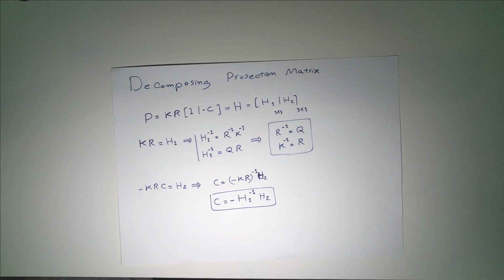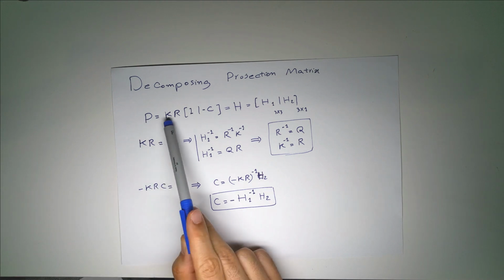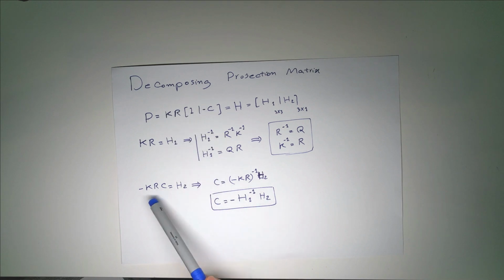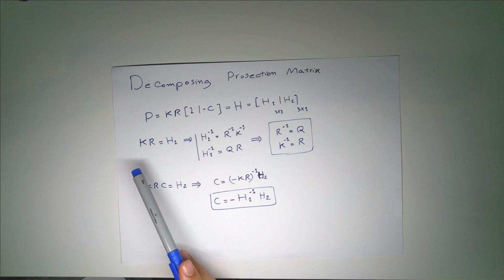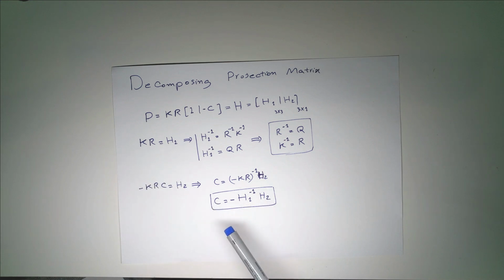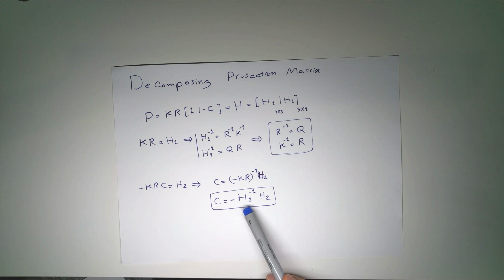Okay, now the second part: KR multiplied by minus C is equal to H2. And we know that KR is actually H1. So if I take the H1 inverse from both sides, I will get the C. So C is equal to minus H1 inverse multiplied by H2.